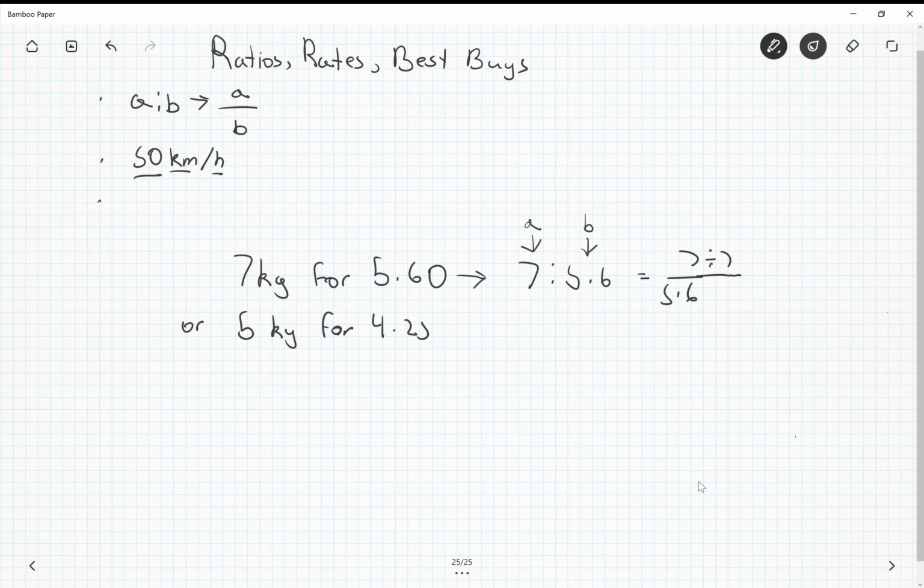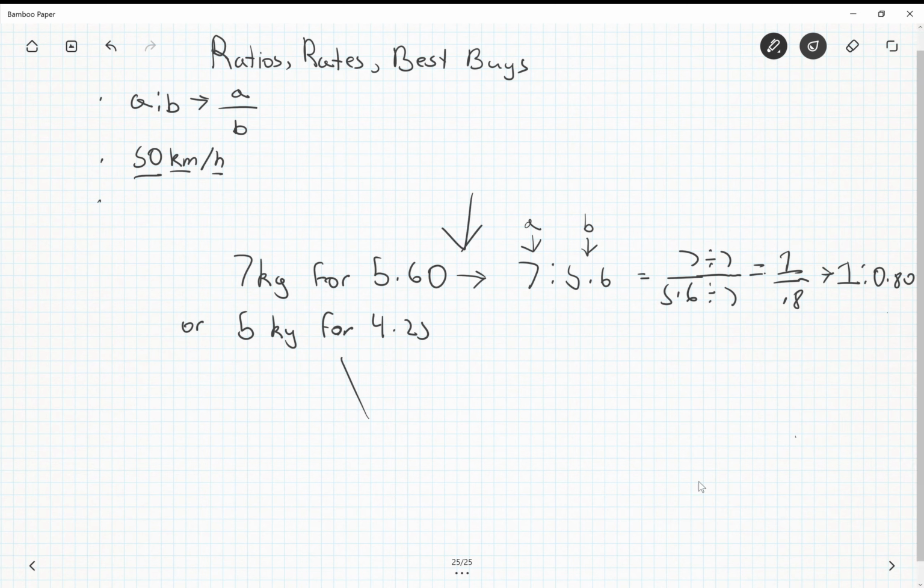So 7 divided by 7, and then 5.6 divided by 7, that equals 1 over 0.8, right? So therefore, we put it back into a ratio form, and we would see that 1 is to $0.80. So then we can see that 1 kg would equal 80 cents. So that's how we found the amount for 1 kg for this problem.